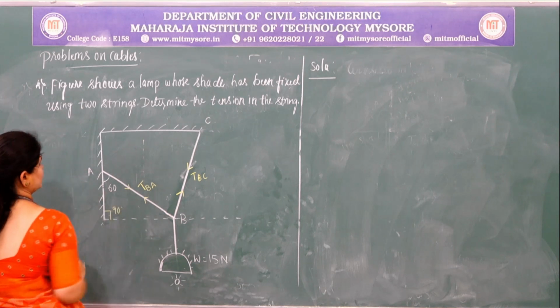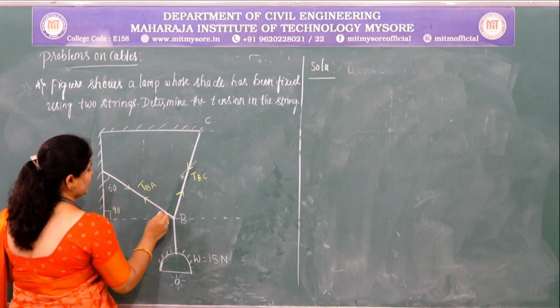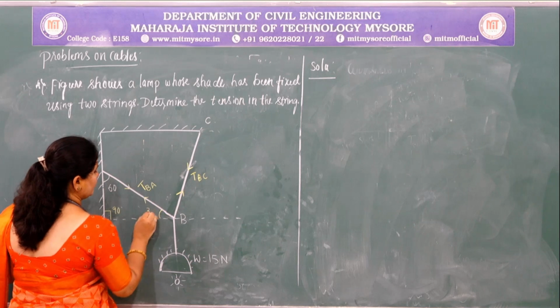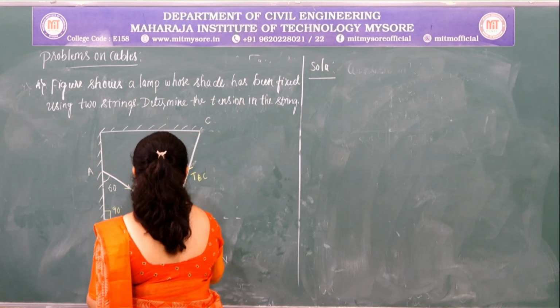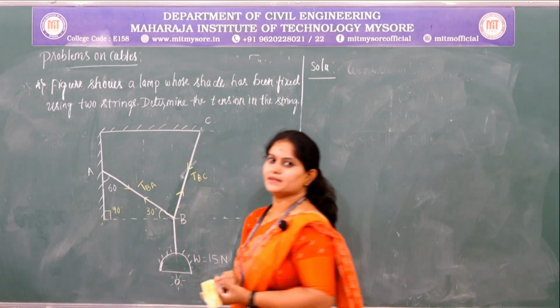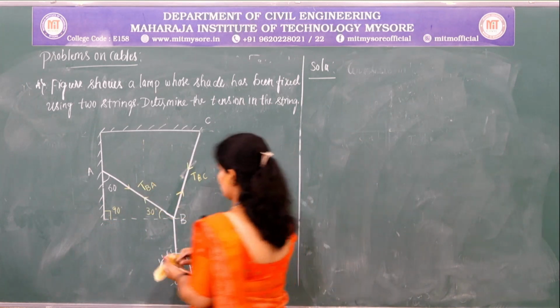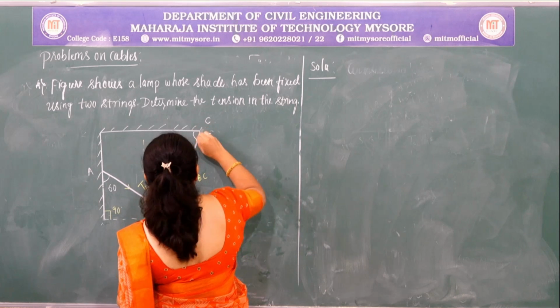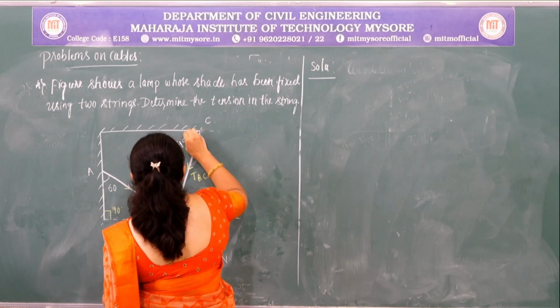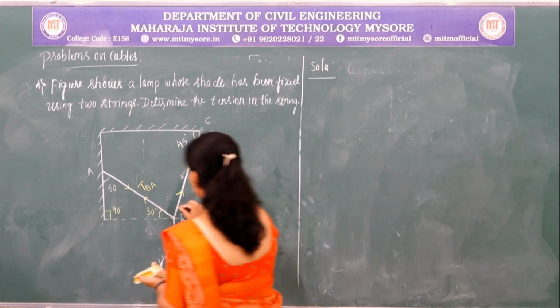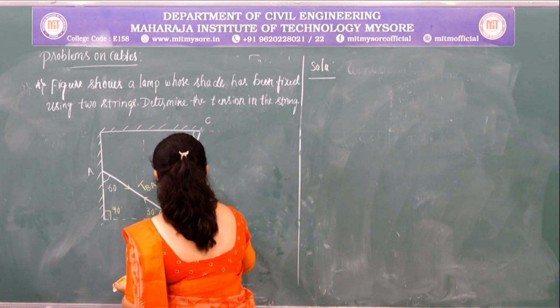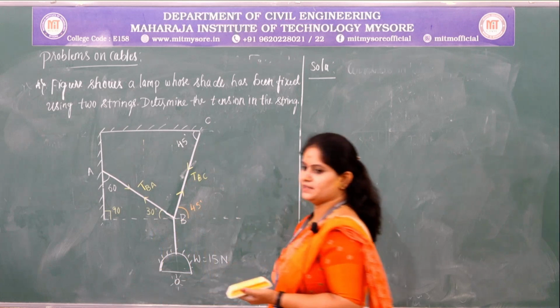So 90 plus 60, it is 150 and the remaining angle will be 30 degree. And again, here the angle given is 45 degree. So through alternate angles, this angle is also equal to 45 degree.